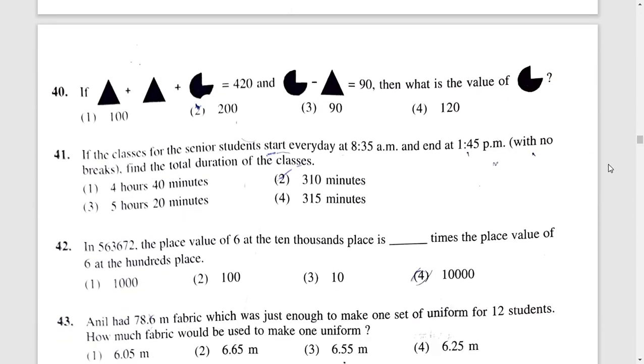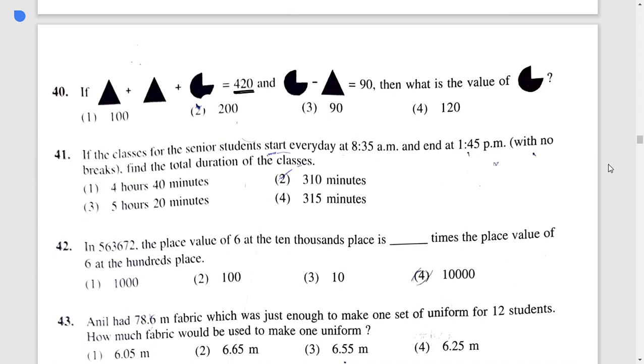Question number 40. If this is equal to 420 and subtraction is equal to 90 degree, then what is the value of this symbol? So just take this symbol as 200. If 200 is there, you subtract from 420. It will be 420 minus 200 is 220. 220 half is 110.